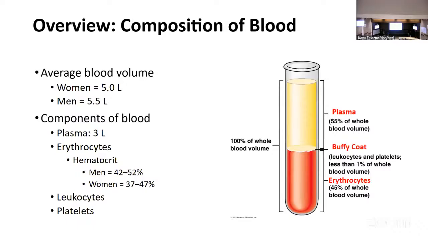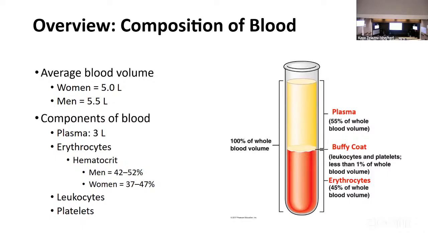So here we see what it looks like if you take a vial of blood and then separate out its different parts, right? So we know that our blood contains cells. We're going to see it contains some platelets, which are like fragments of cells. It also contains a lot of fluid, right?